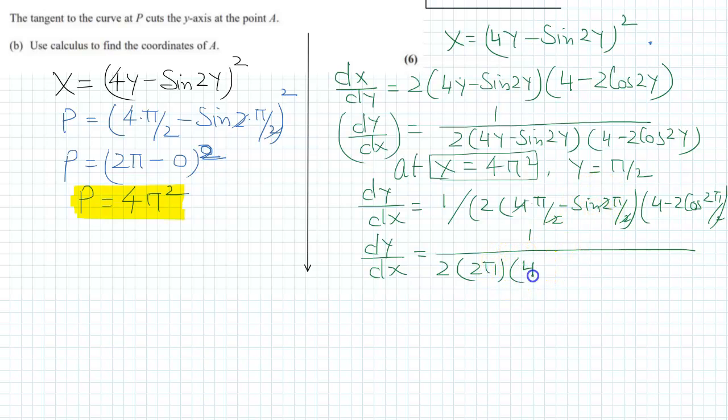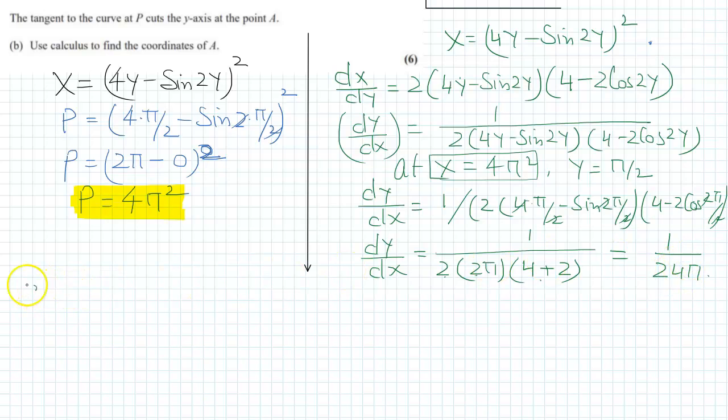Then 4 minus 2 cos 2 and 2 cancel, cos π is −1, so this is plus. So that is going to be 1 over 6 times 4π, which is 24π.